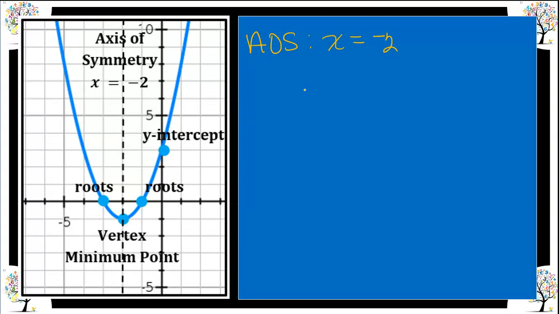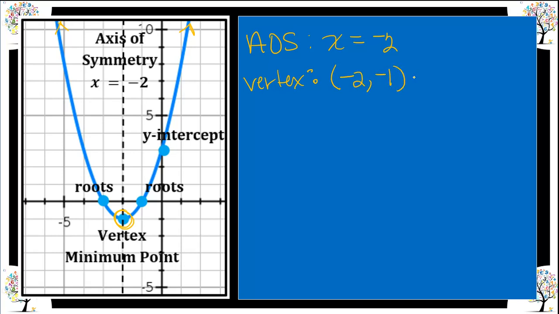The next thing I want to notice is the vertex. So the vertex is either the very bottom point, the minimum point, or the top point. Because our parabola turns up, the ends are pointed up, the vertex, which is a point, so we write it as an ordered pair. So in this case, it's (-2, -1).